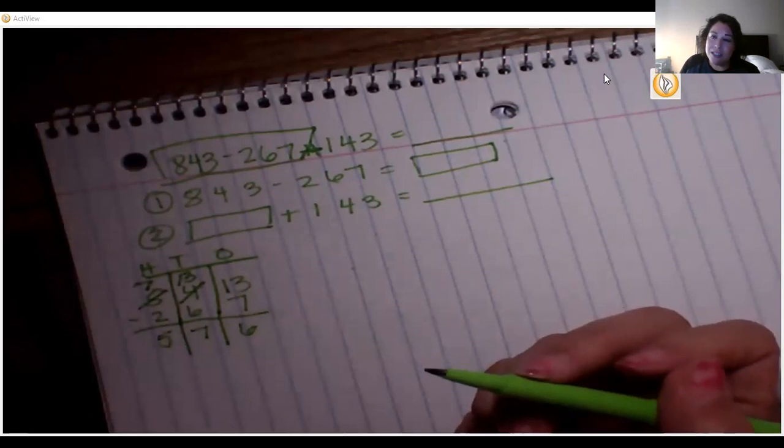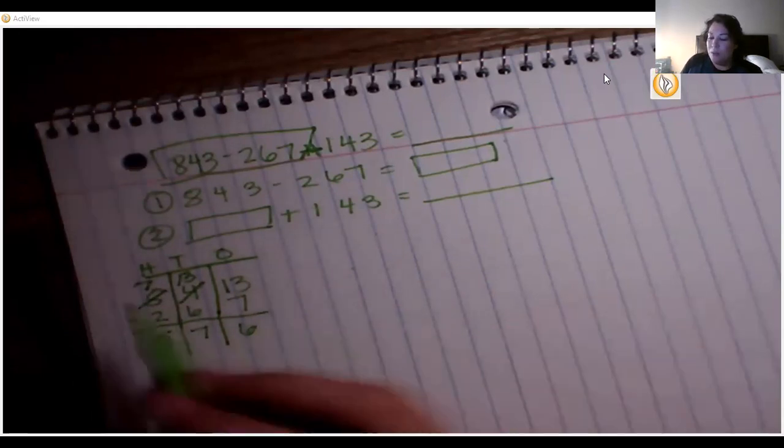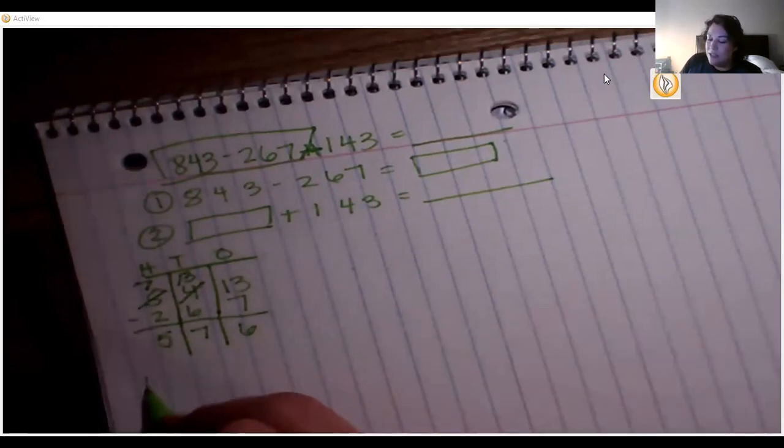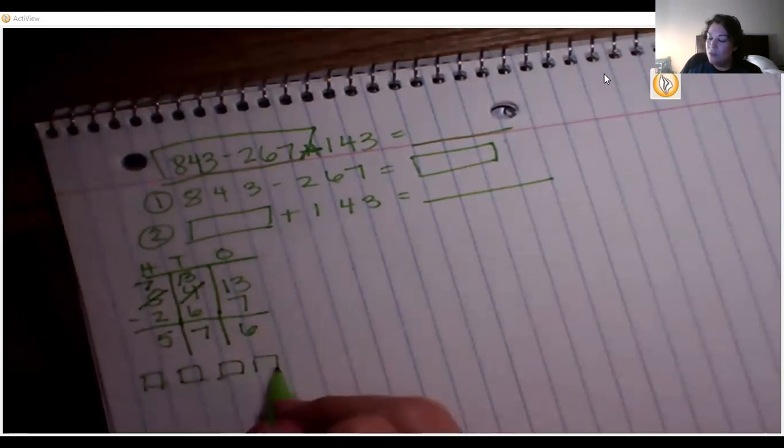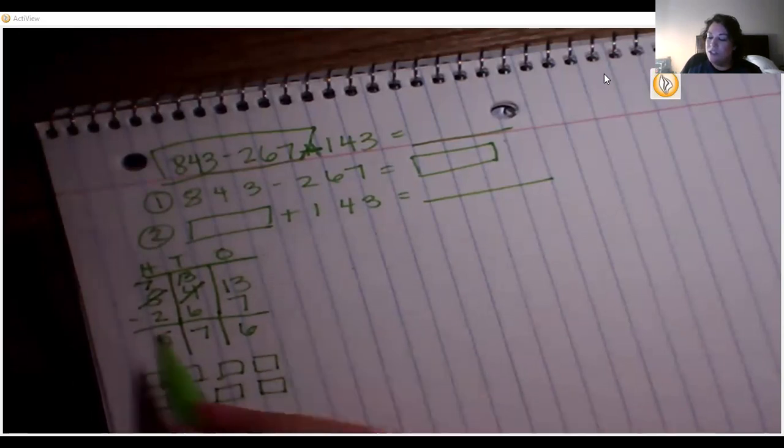Let's just imagine this and see if we're close. We started with 800s. 1, 2, 3, 4, 5, 6, 7, 8. We took away 2. 1, 2. That left 1, 2, 3, 4, 5, 6. Is 6 close to 5?